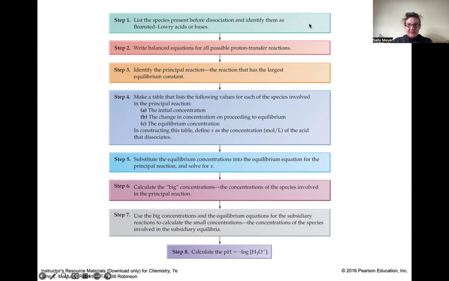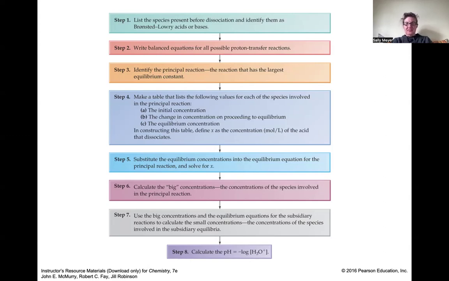So as you're looking at these equilibria, you're going to start out by listing all the species that could be acids or bases, and then write all the balanced equations for the possible proton transfer reactions. So essentially look at which acids and which bases do you have, and then what reactions could they undergo. Then you're going to identify the principal reaction, the reaction that has the largest equilibrium constant.